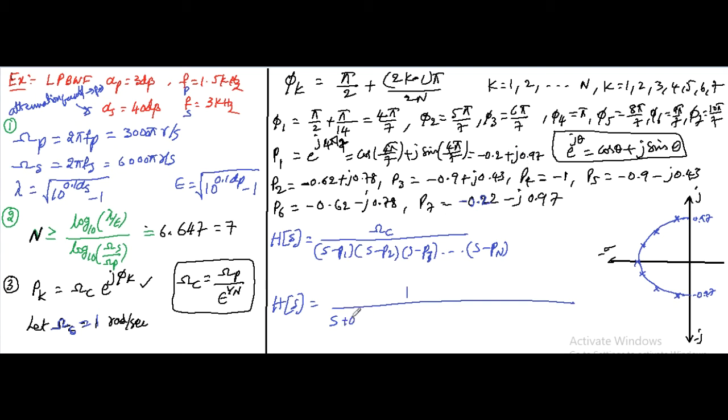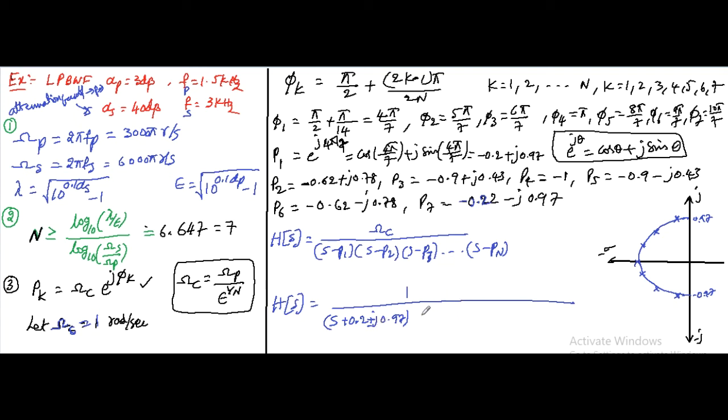If you write this, then it becomes s plus 0.2 minus j 0.97, right? And similarly one more pole also there, p7, which is minus 0.2 minus j 0.97. So here we can write directly plus or minus j. Okay, directly I am writing the 2 poles at the same point here, right? If you want, you can write separately.